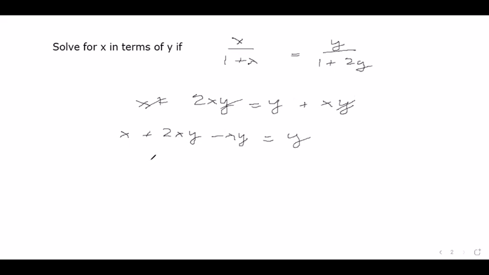So let's simplify this. x plus 2xy minus xy is xy, and you can take x out. It's a common factor, and there you have it. You got x in terms of y.